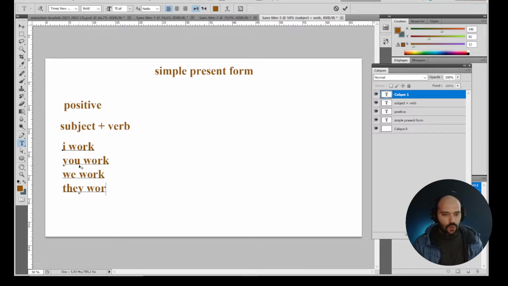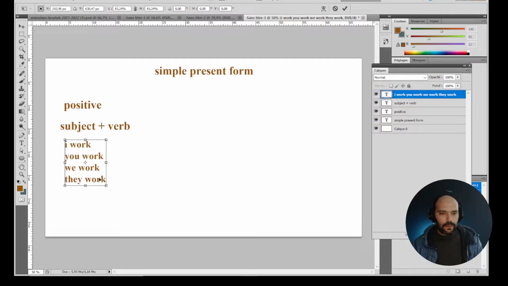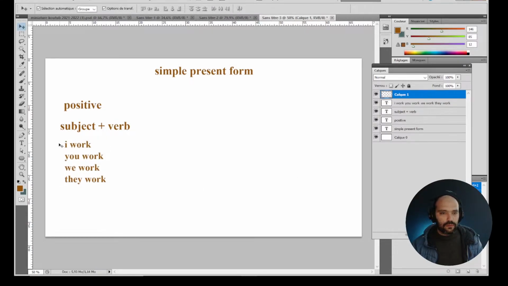They work. Okay? Here, I is the subject, work is the verb. You is the subject, work is the verb, and the same in the next sentences.